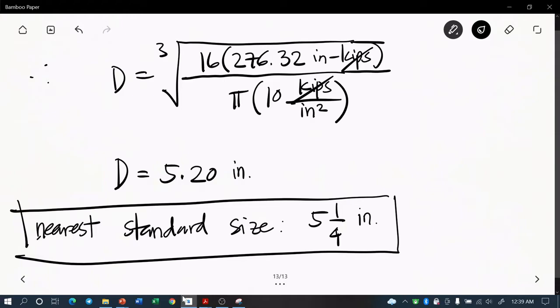Alright, so that is our first requirement. Now let's go to our second requirement. So our second requirement is we're going to determine the size, which refers to the outside and inside diameter if it is a hollow shaft.